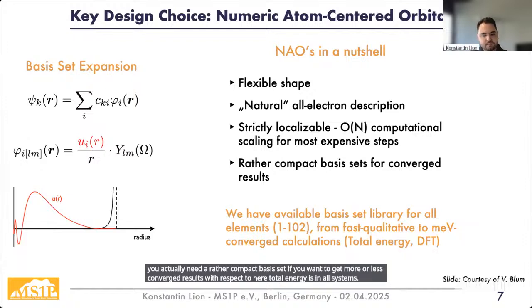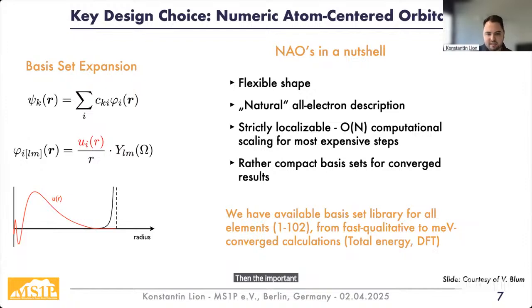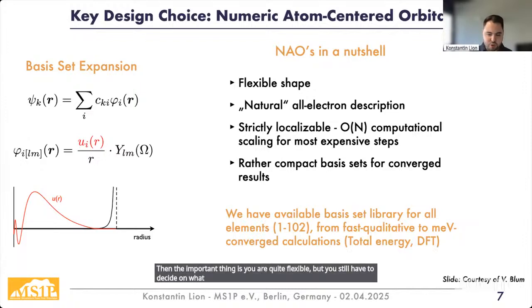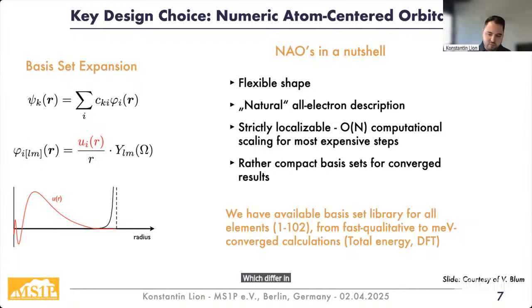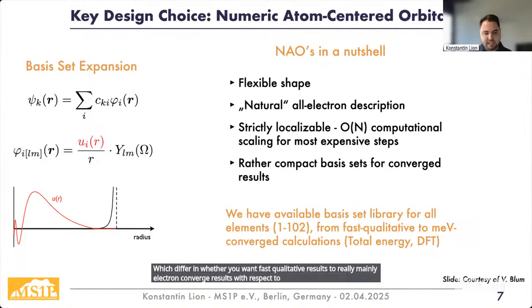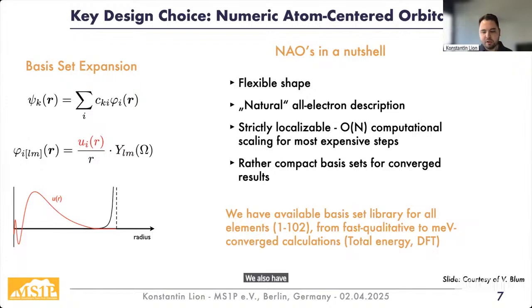Then the important thing is you are quite flexible, but you still have to decide what kind of basis functions you want to use for all the elements. So within FHI-aims, you already have a basis set library available for the elements 1 to 102, which differ in whether you want fast qualitative results or really milli-electron-volt converged results with respect to DFT total energy. We also have basis sets that go beyond just simple DFT.